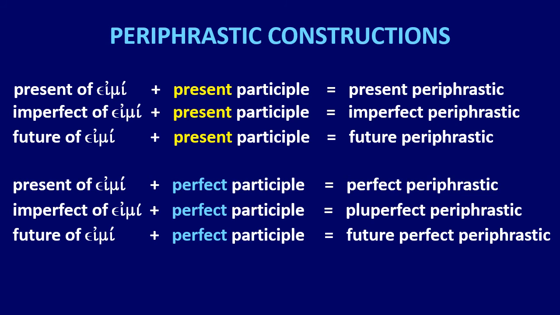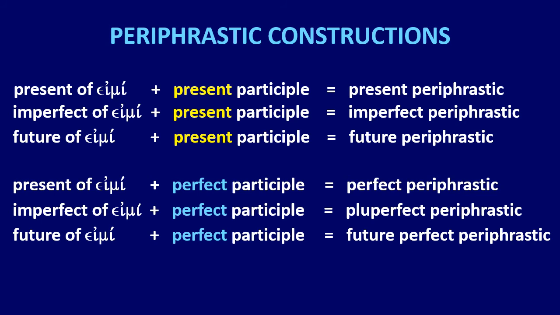And likewise, you see present participles used with different forms of eimi. Remember, eimi can occur in its present indicative form, imperfect indicative form, or future indicative forms. But when you combine that with a present participle, it can be either a present periphrastic, imperfect periphrastic, or future periphrastic construction.